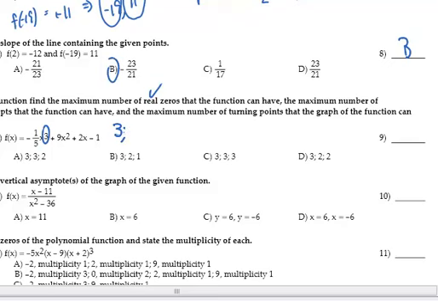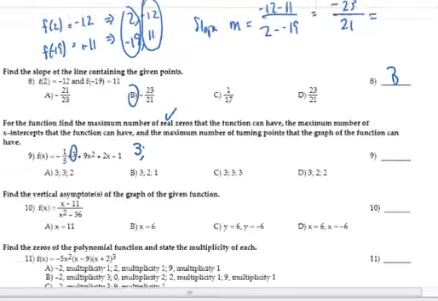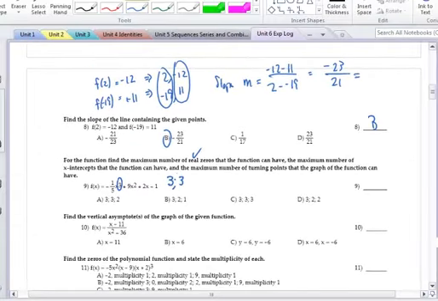The maximum number of x-intercepts is also 3, because the number of intercepts is the same as the zeros. The maximum number of turning points is always 1 less than the degree, so that would be 2. So choice A would be our answer.